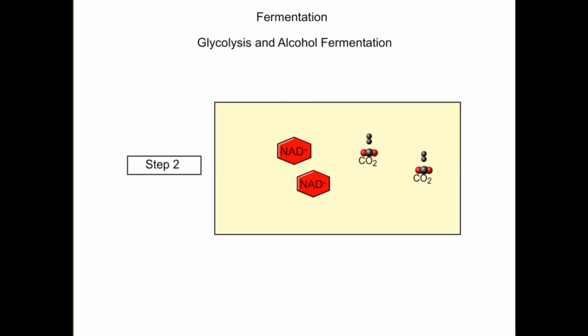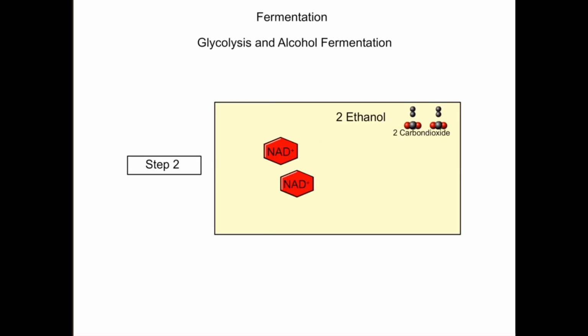In alcohol fermentation, the pyruvate, pyruvic acid from glycolysis, loses 1 carbon in the form of carbon dioxide, and the product is then reduced to ethanol by NADH. With the formation of ethanol, NADH is oxidized and becomes NAD+.